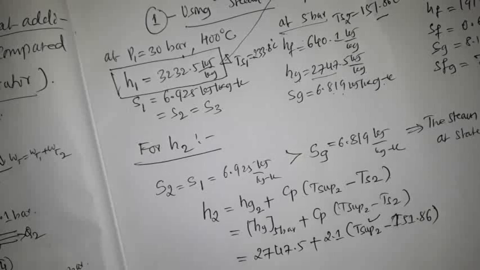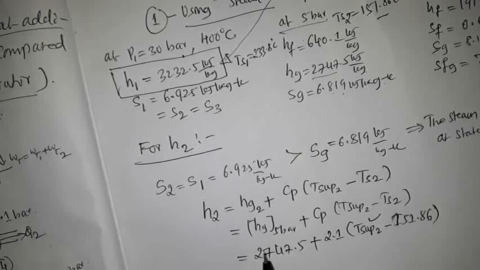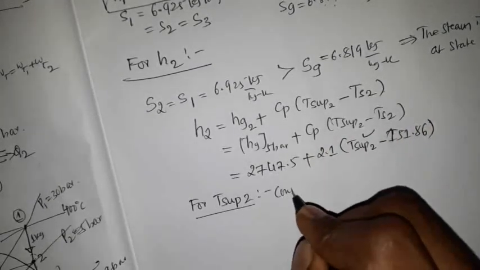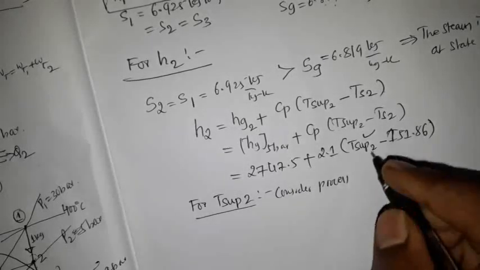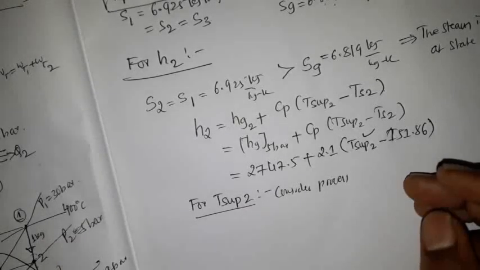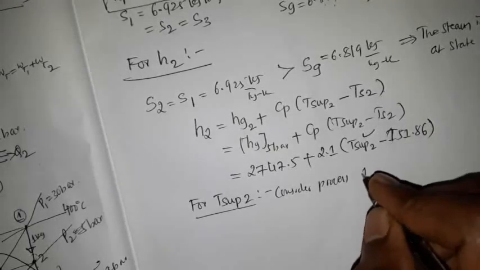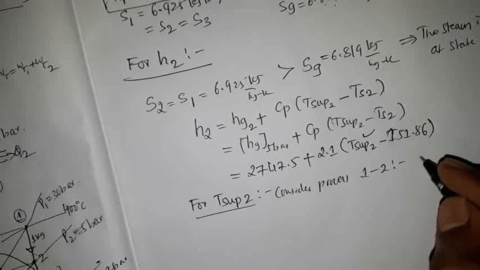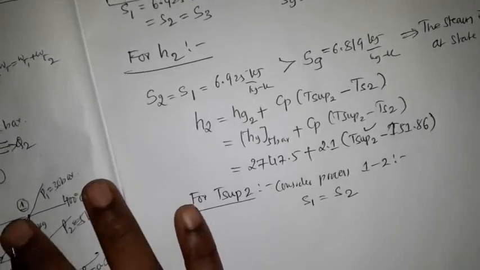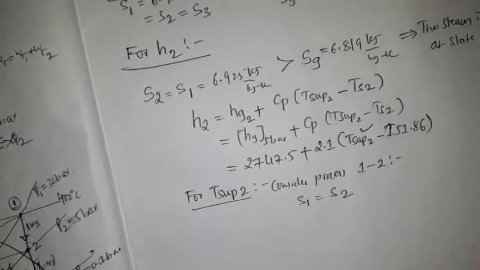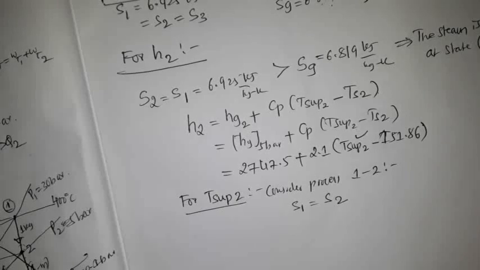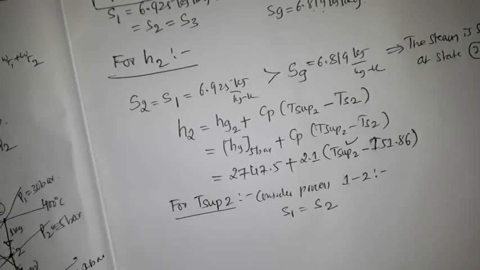For T superheat, consider the process 1 to 2, and for 1 to 2 it is an isentropic process, so hence I can write S1 is equal to S2, and we know that state 2 is superheated steam.